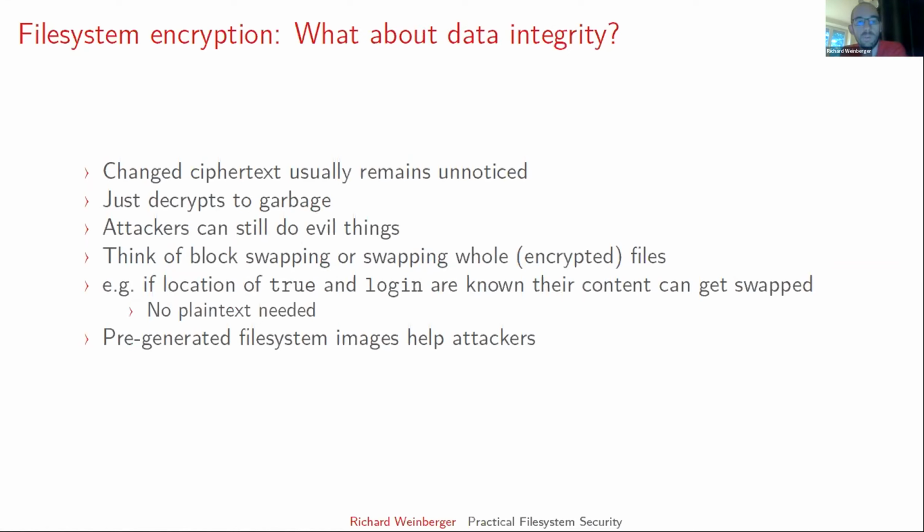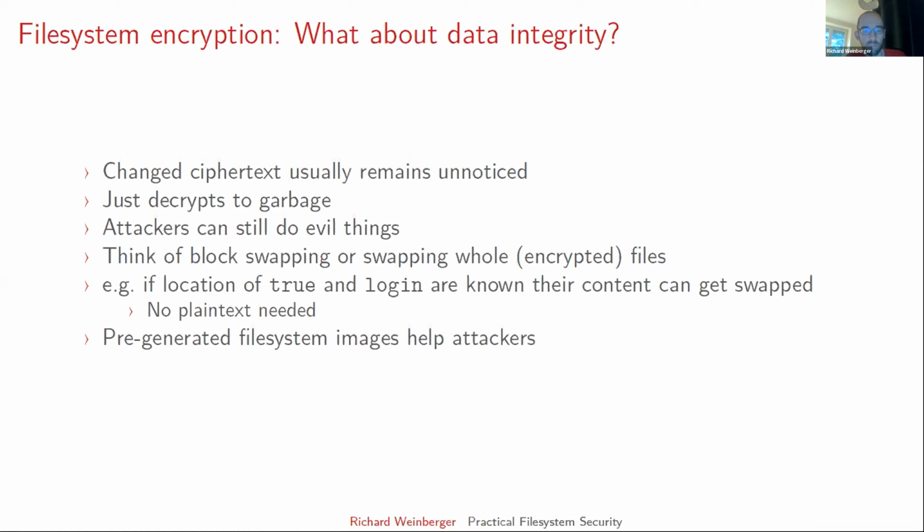So I said before that these methods don't protect you from changed content. So an attacker can always change the ciphertext. When they change the ciphertext and decrypt it with the right key, it will just decrypt to garbage. But a sophisticated attacker can still do evil things. The most simple thing you can think about is swapping whole files.